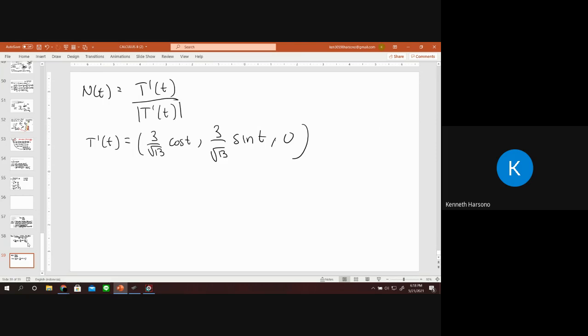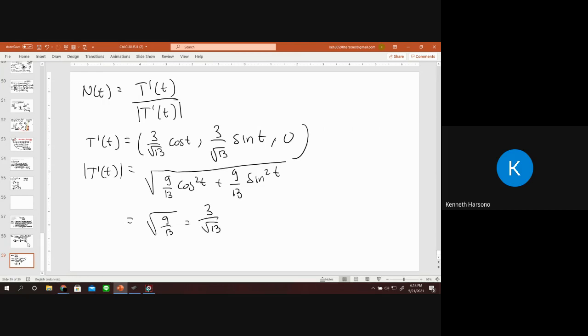This is correct, so all positive. And the magnitude of T prime is just the square root of 9 over 13 cos squared t plus 9 over 13 sin squared t. And you already know, right? Cos squared plus sin squared just becomes 1. So this one just becomes the square root of 9 over 13, or just 3 over square root of 13.